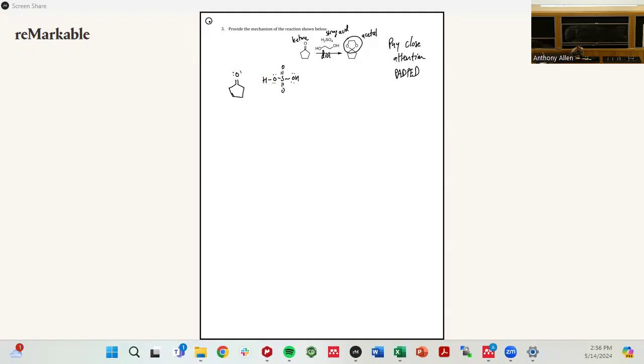So where should my arrow start? Oxygen at the what pair? Okay, and it needs to end at the hydrogen. And then if I'm going to take that hydrogen, what needs to happen over here? Yep, you need to break this OH bond. So lone pair to hydrogen, bond onto oxygen as a lone pair gives you these two species.